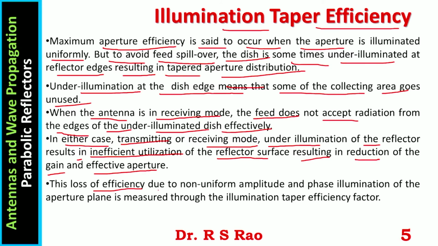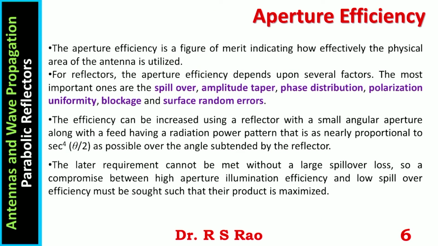This loss of efficiency due to non-uniform amplitude and phase illumination of the aperture plane is measured through the illumination taper efficiency factor. Now, aperture efficiency. Aperture efficiency is a figure of merit, indicating how effectively the physical area of the antenna is utilized.